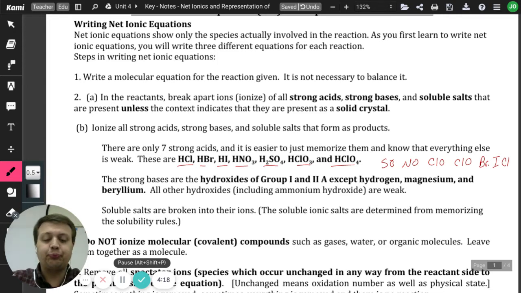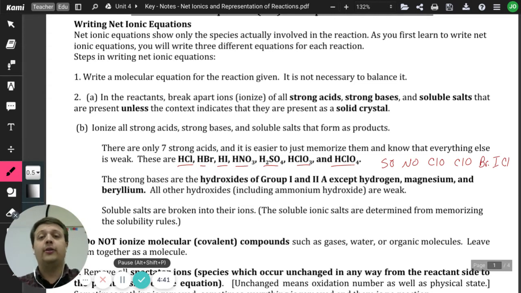All right. Now, the next is your strong bases. Strong bases are going to include hydroxides that are paired up with a group 1, except for hydrogen, because if it's a hydroxide paired up with hydrogen, it's water, right? And group 2, unless it's paired up with magnesium or beryllium.